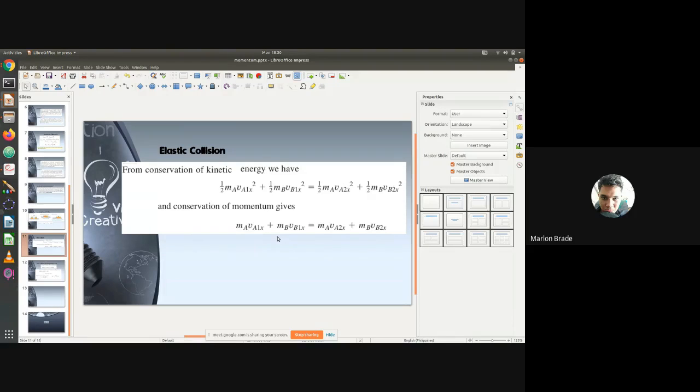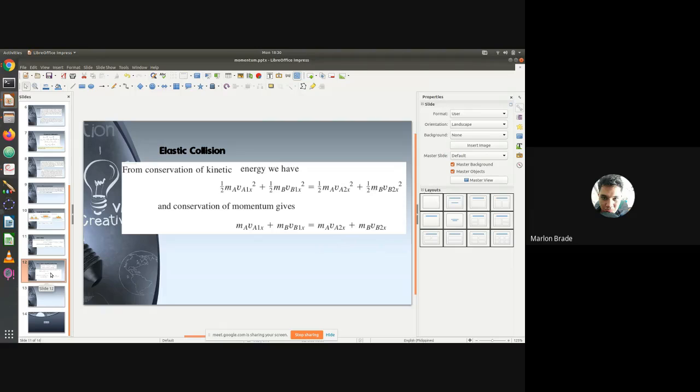And conservation of momentum gives us that the initial momentum of the system is equal to the final momentum. So MA VA1x plus MB VB1x is equal to MA VA2x plus MB VB2x.